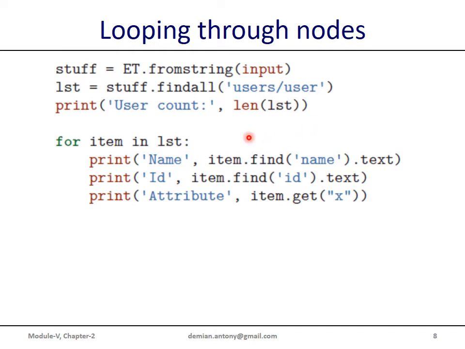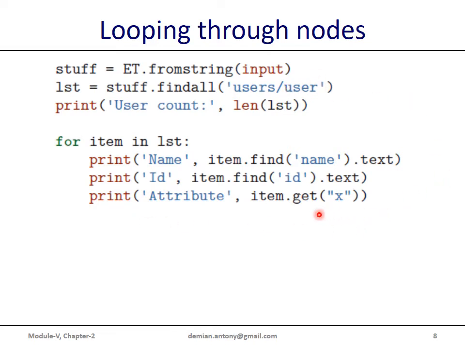Now we have to print the id and the name as well as the attribute associated with the user. What we have to do is traverse this list of DOM subtrees, for each item in lst. This is a list of DOM subtrees. Use the find method: item.find of the name tag, text, then item.find of id, the second child within the user, text, and item.get of x. x is the attribute of the user.